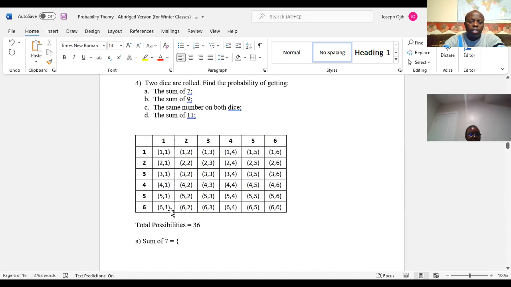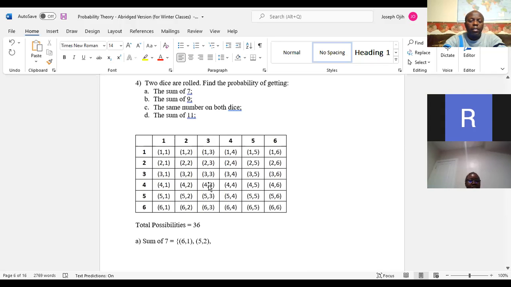Say 6, 1: 6 plus 1 is 7. Then 5, 2. 4, 3. 3, 4. 2, 5. Then 1, 6.